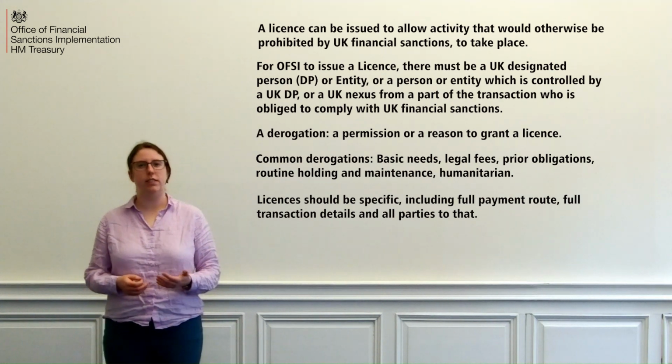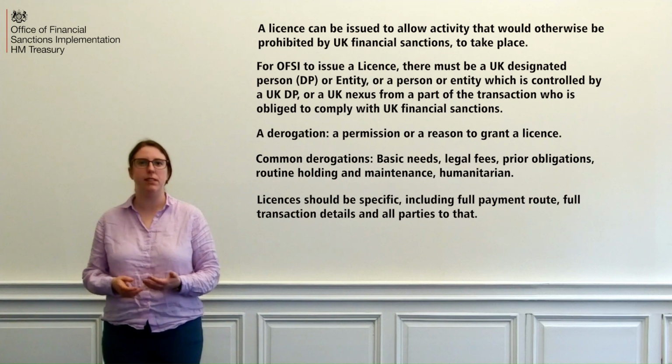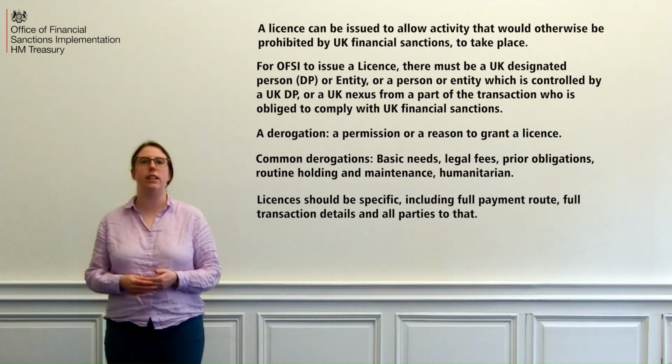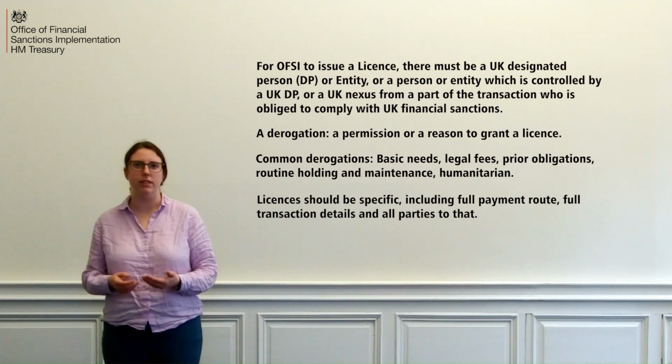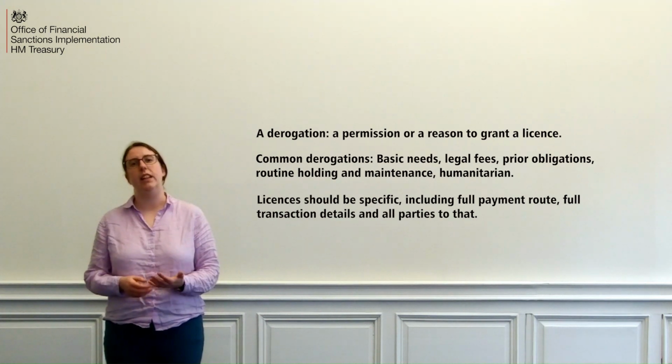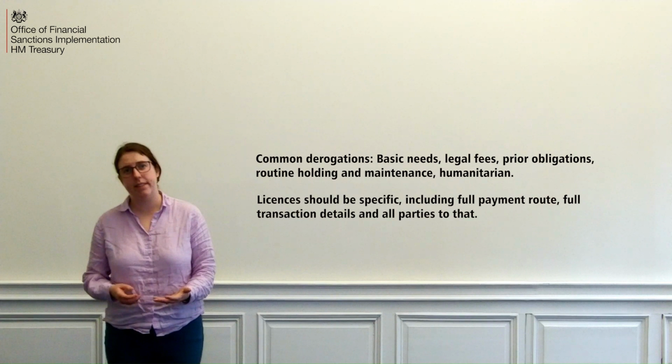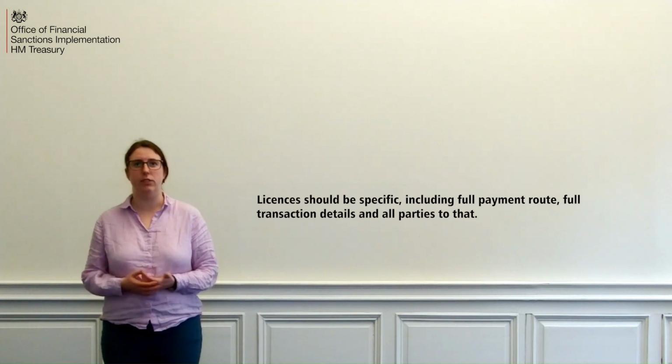So if your financial institution has a commercial risk appetite, that means they're not comfortable with a transaction, or there's just other practical reasons or other financial crime concerns, even with an OFSI licence, that just permits them to do it if they want to, but it still doesn't compel that activity.